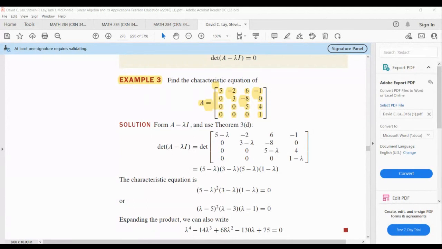It's upper triangular. And remember, to find the determinant of an upper triangular matrix, what's the only thing you need to do?